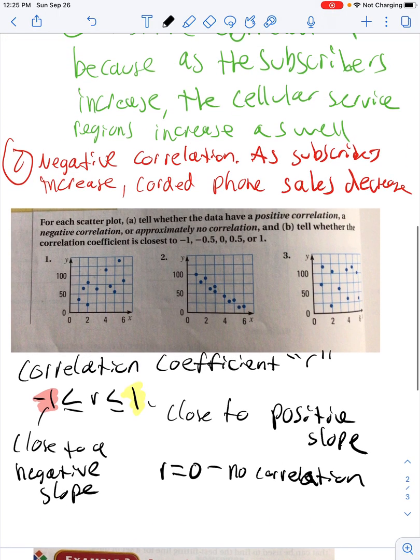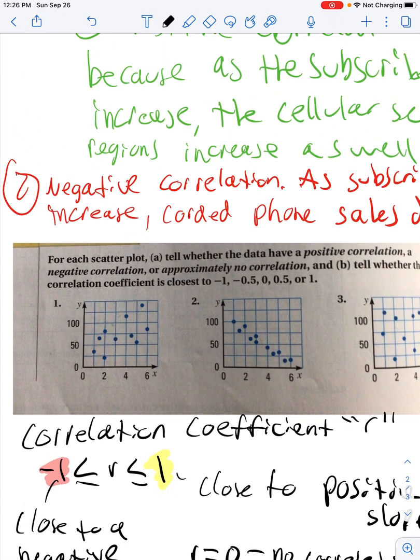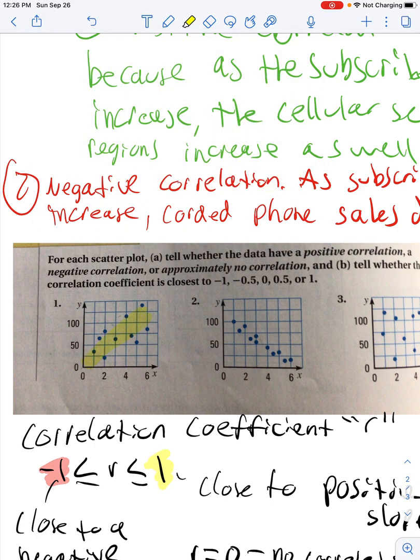So let's look at these examples. For each scatter plot, tell whether the data have a positive correlation, a negative correlation, or approximately no correlation, and tell whether you think it'd be closest to -1, -0.5, 0, 0.5, or 1. Well, in the first case, I think it's going to the positive side.